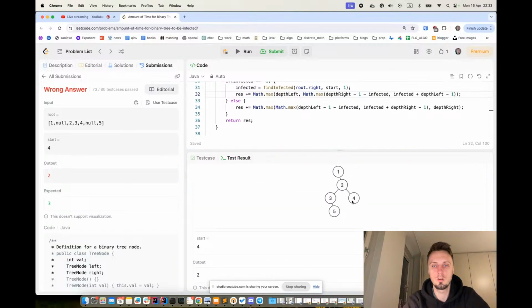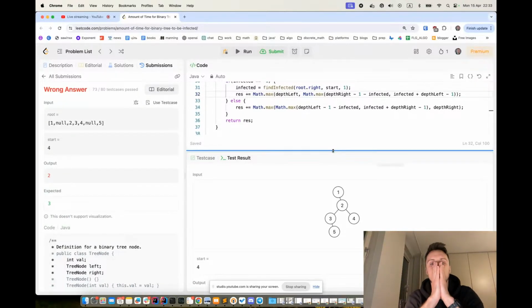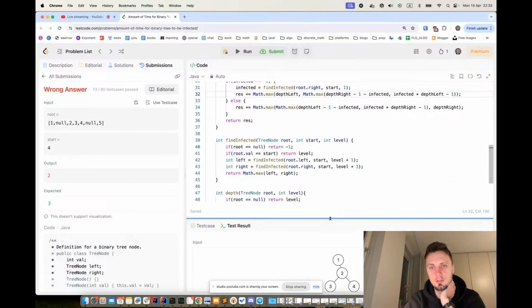We have 4. Okay, so we have this one and this one. Yeah, I think it's not a working solution at all.